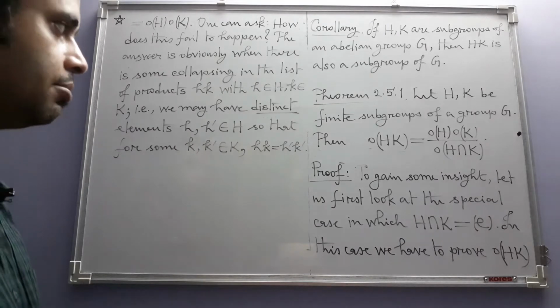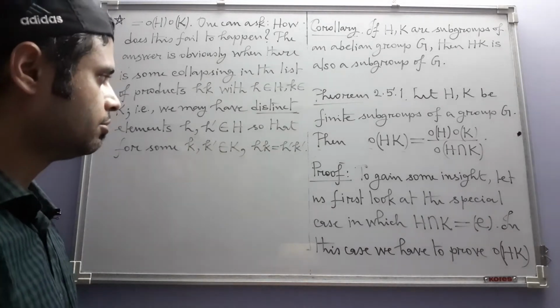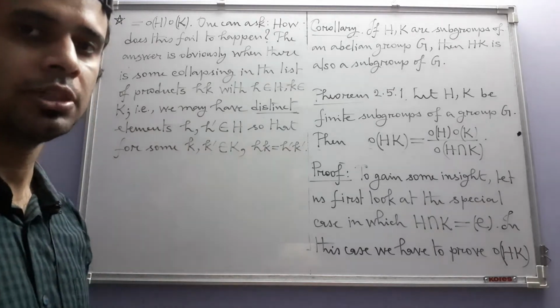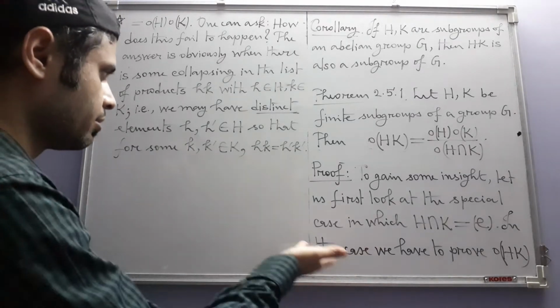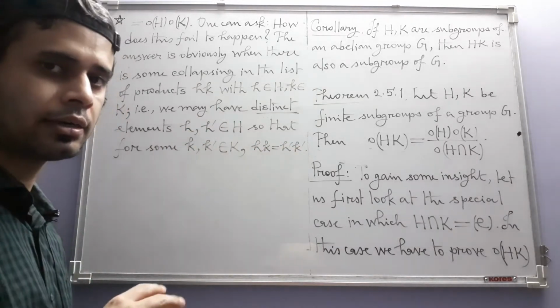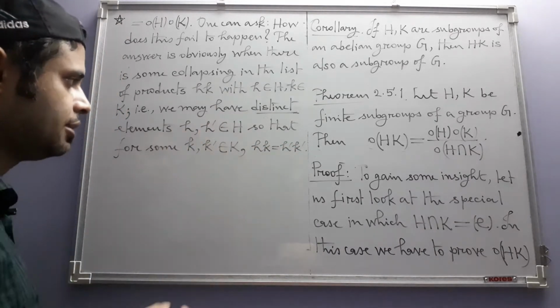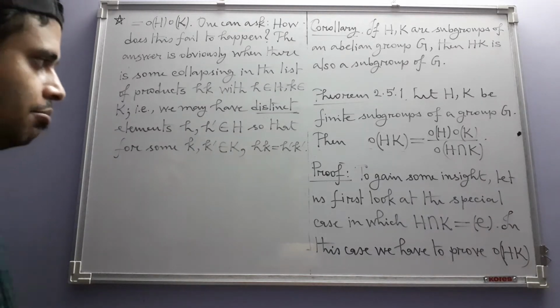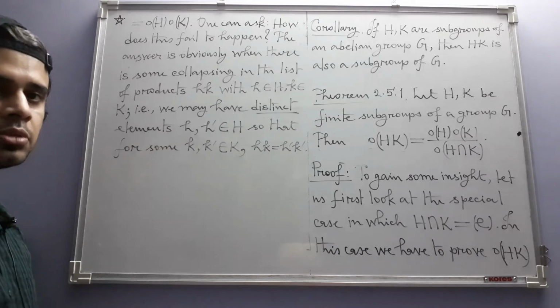You may ask me why we don't take k and k prime to be distinct and then claim that these two products are equal for some h and h prime. Of course that can also be done, but that will not be anything different from this one.